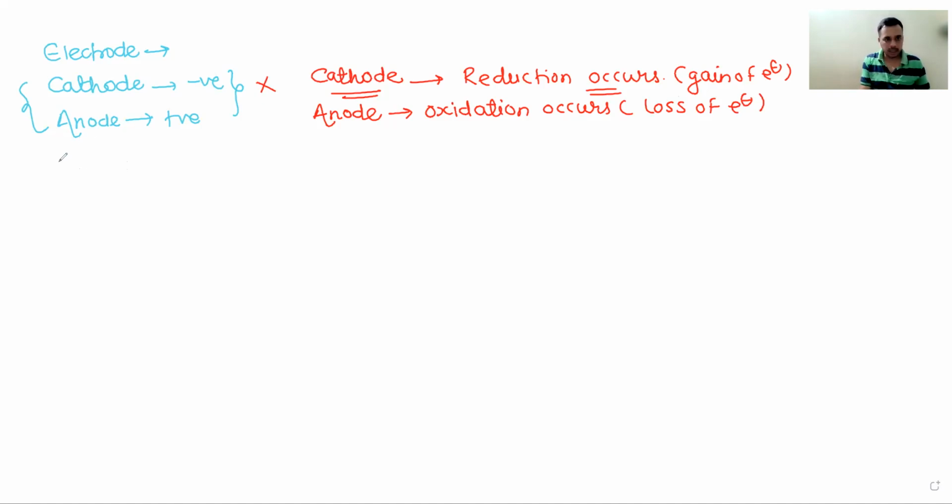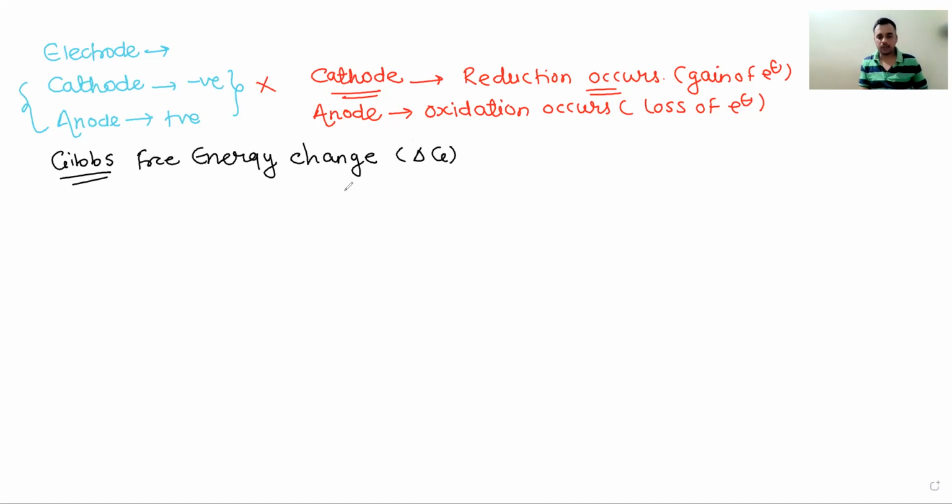Gibbs free energy change is represented as delta G. And there is one more terminology from thermodynamics, spontaneous and non-spontaneous.